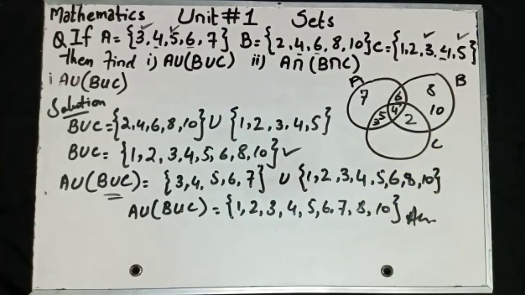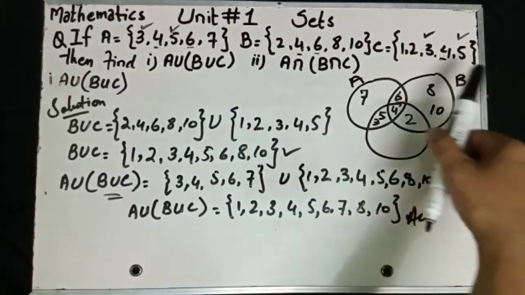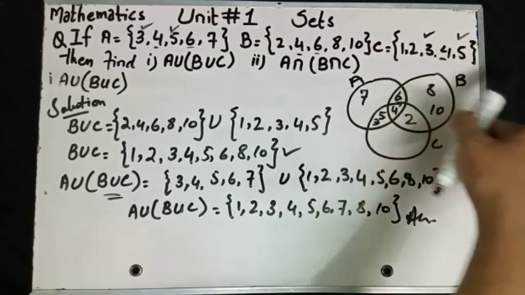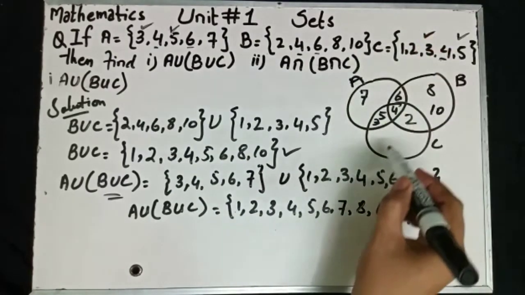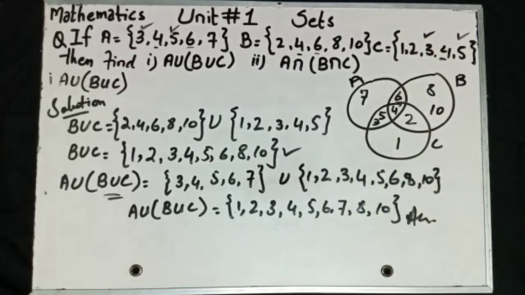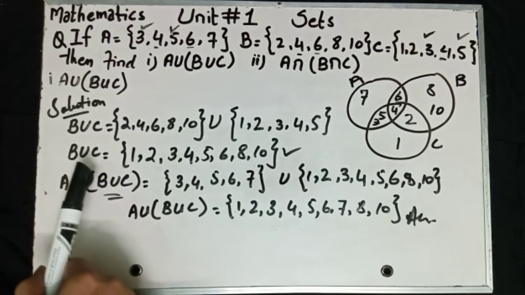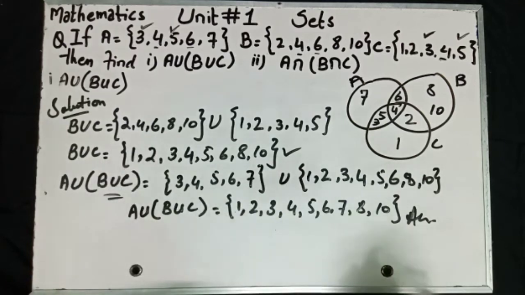In set C, 2, 3, 4, 5 are common with other sets, so now only 1 is left. 1 is the remaining element in set C. Okay, now the first answer of A union C.